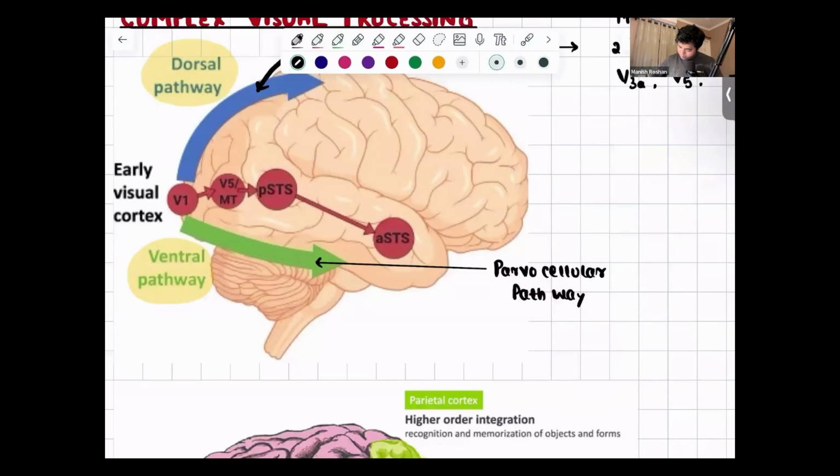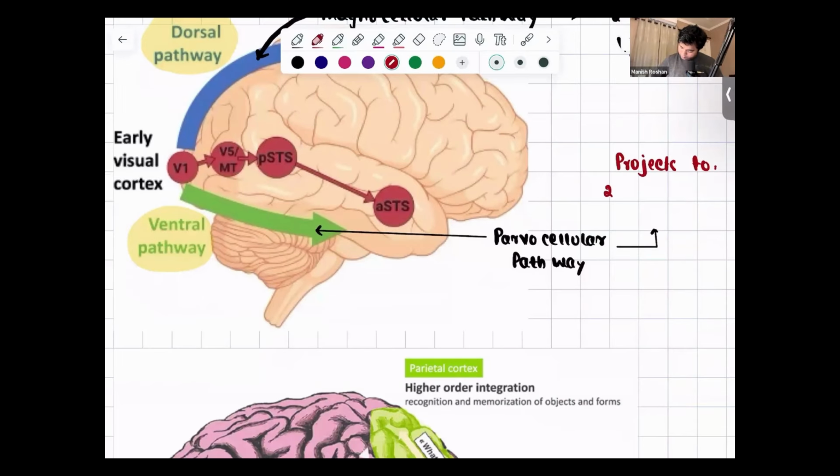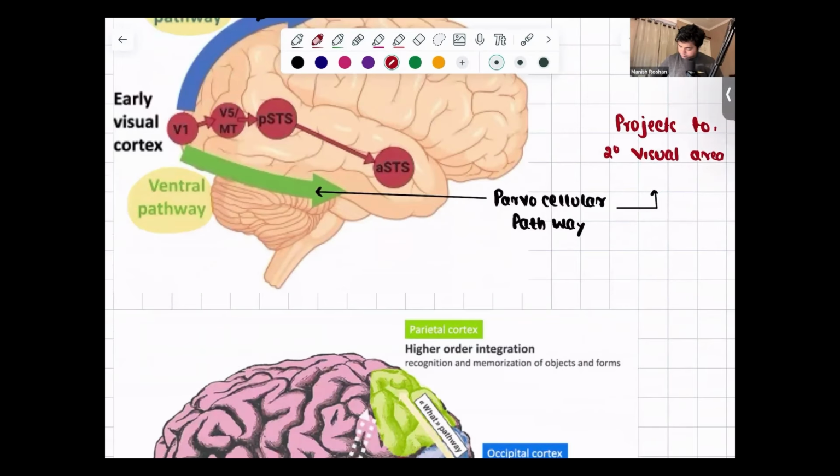It projects to the secondary visual areas, that is V4, V8, and the inferotemporal areas.